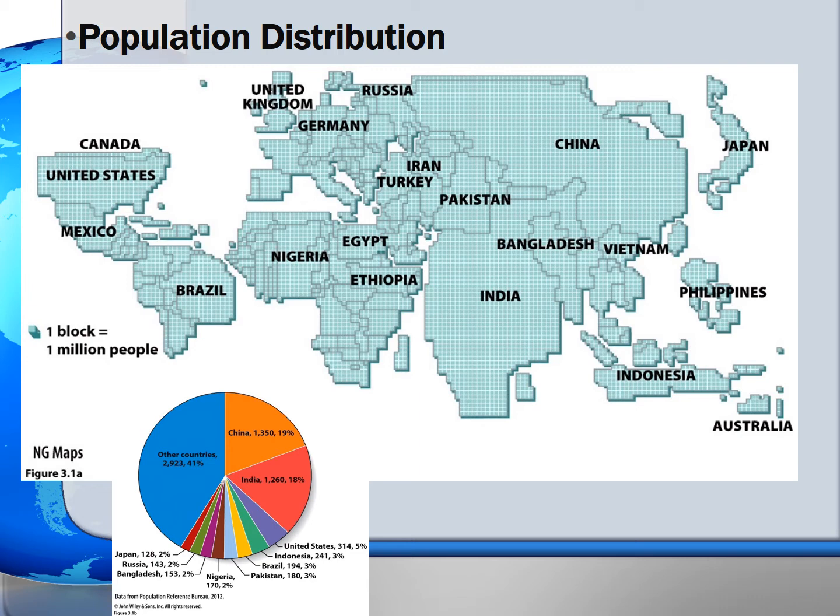At a glance, you can visualize how China's population dwarfs that of Russia, for example. The pie chart shows the 10 most populous countries compared to the population of the other countries combined. Together, China and India account for 37% of the global population, almost as much as all the other countries combined.